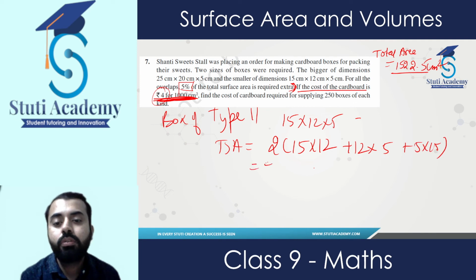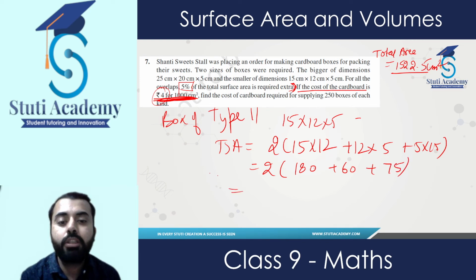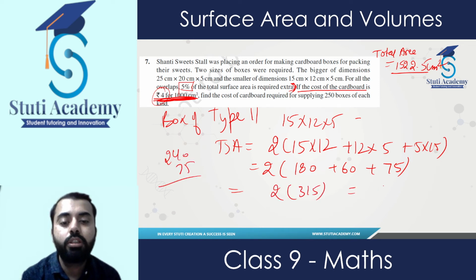Now you guys know 15 into 12 is 180, and this is 60, and this is 75. Add them. 180 plus 60, you get 240, 240 and 75, you get 315. So you get 630 centimeters square.